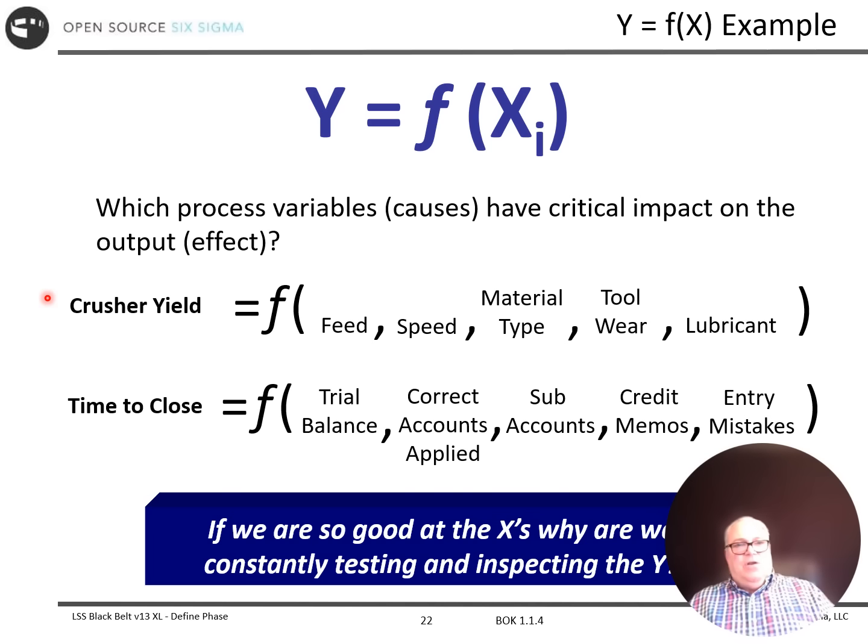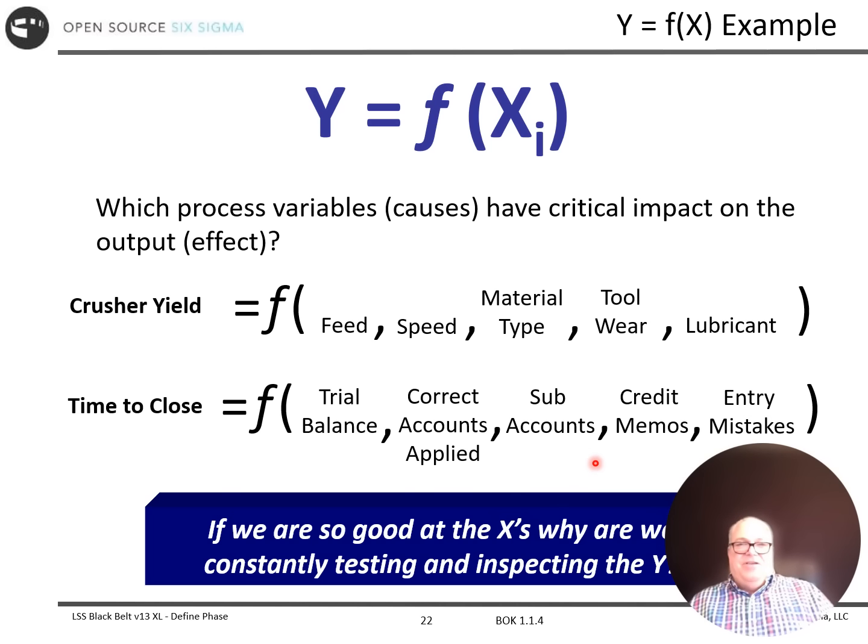But very simply, if we look at some output that we want to improve, we can start to quickly think about, well, hey, what are the things that could impact this time? And we have some process knowledge that would tell us, well, gosh, we never really close on our first trial balance.